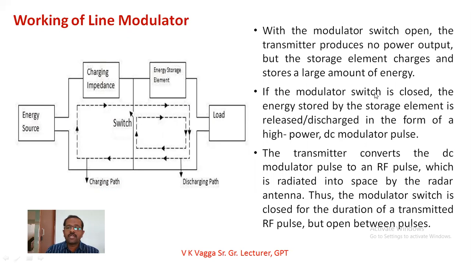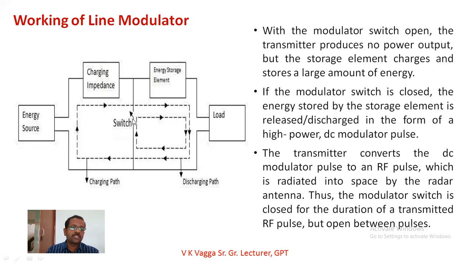And if the modulator switch is closed, if you assume this switch is closed, the energy stored by the storage element, the energy which was previously stored during the off period, is released or discharged in the form of a high power DC modulator pulse.